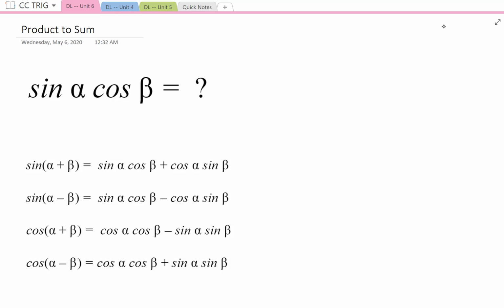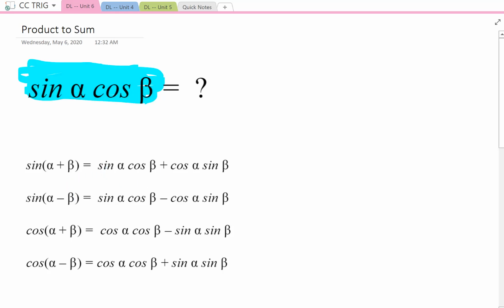Just like turning a sum into a product can be useful, turning a product into a sum can also be useful. So we're going to answer the question: sine alpha times cosine beta. Is there a way to rewrite this product as a sum of sines and cosines?